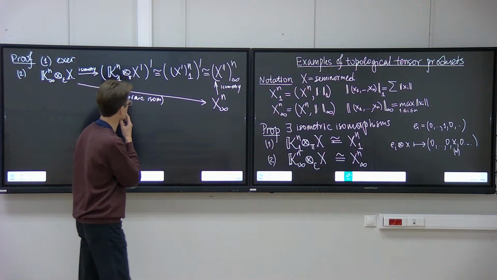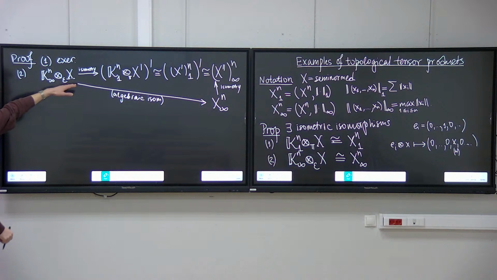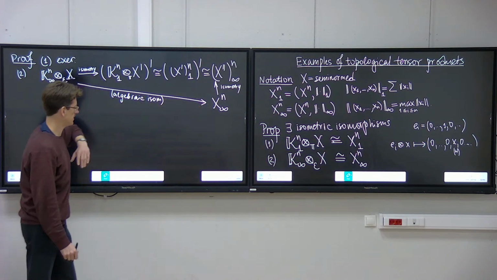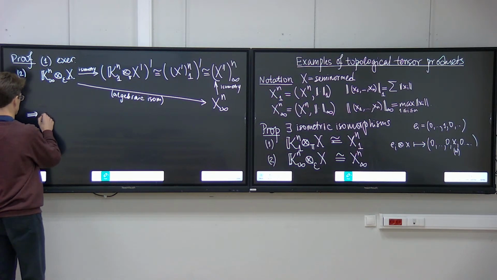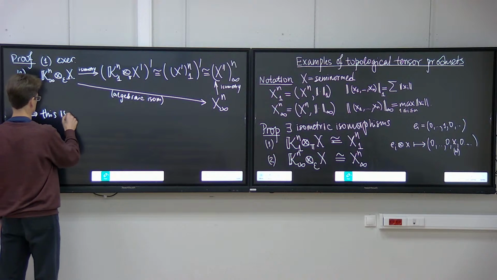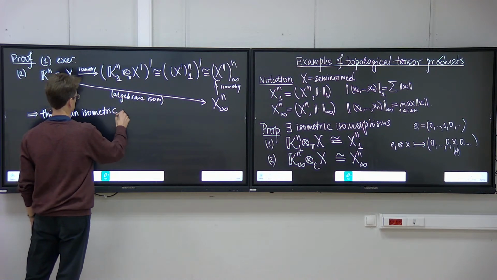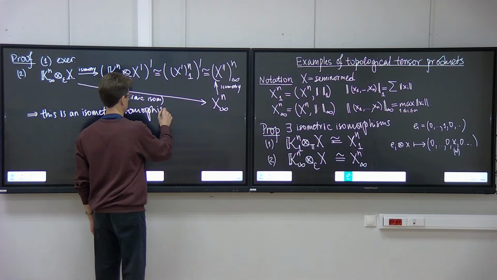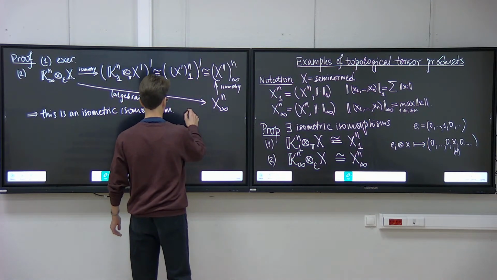So this picture shows that this algebraic isomorphism is actually an isometric isomorphism. This completes the proof.